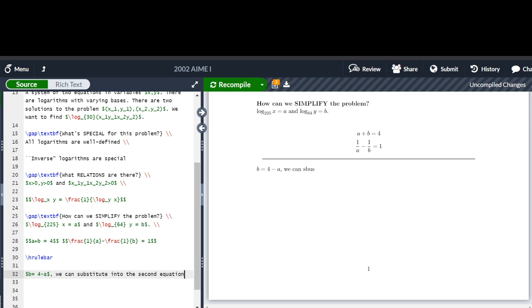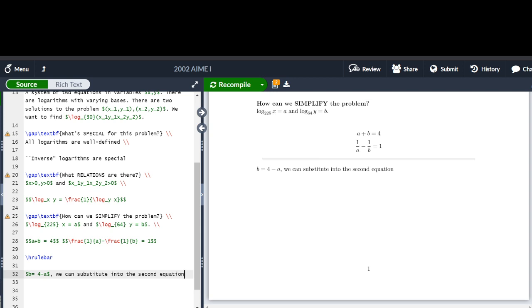However, the second equation also gives us another restriction in that a and b both are non-zero. Because if either of a and b are 0, then 1 over a or 1 over b is undefined, and therefore a and b cannot be a solution. So that's something we have to keep in mind.